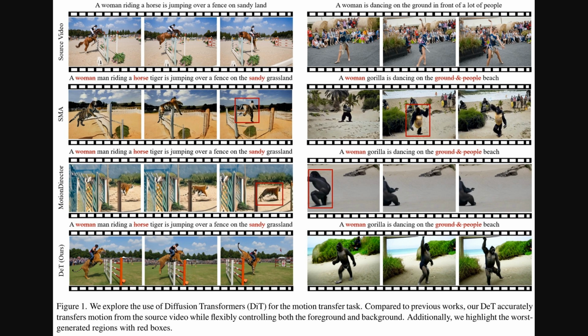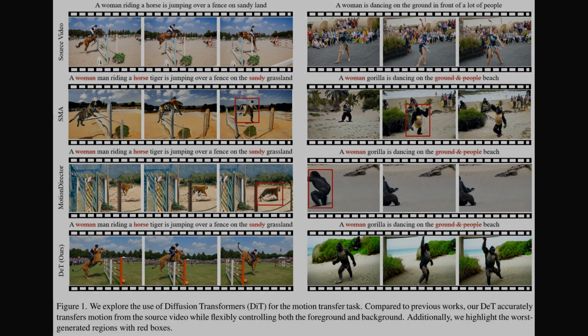The idea is to take the motion from that source video and apply it to a new subject in a new scene, say making a tiger jump like the horse or a gorilla dance like the woman. This figure compares DeT with other approaches, and their DeT method, shown at the bottom, seems to transfer the motion very effectively while also handling the new subject and background. The red boxes on the other methods highlight areas where those approaches didn't perform as well.